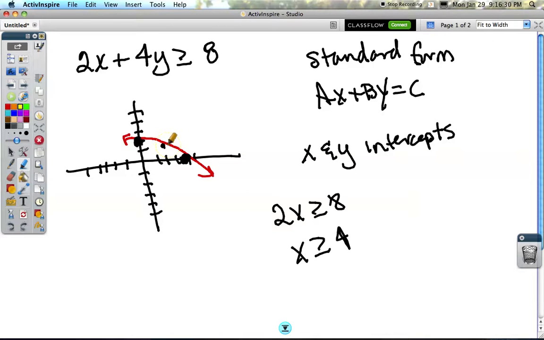Less than is to the left. What is my inequality? Greater than. I'm not going up and down here, I'm going left or right. So if I put my pencil on the line, the first variable I see is x, and I want greater than. Which direction will I go? To the right. That's the side that you will shade. Don't worry, I'm going to do a couple more.